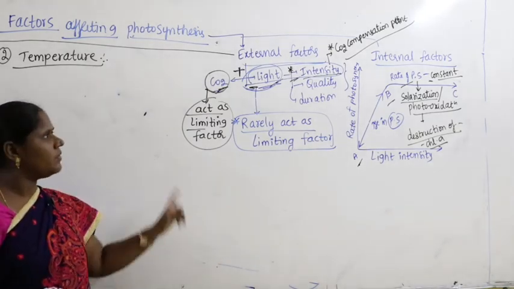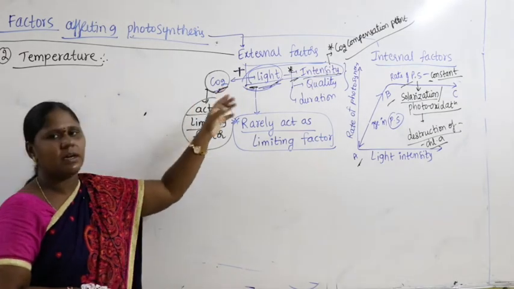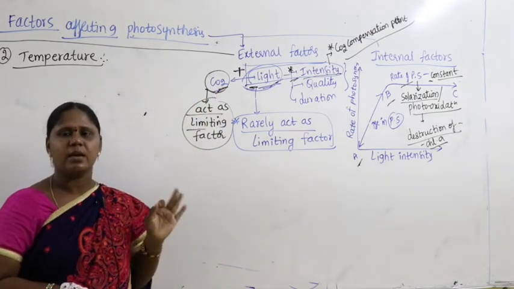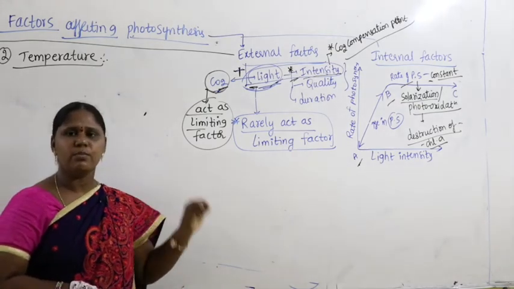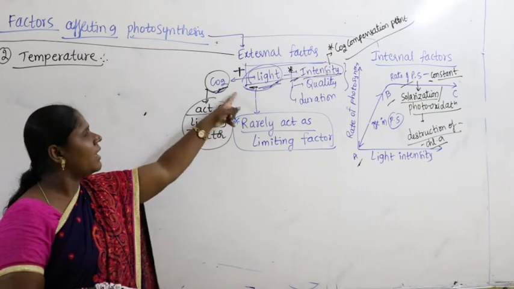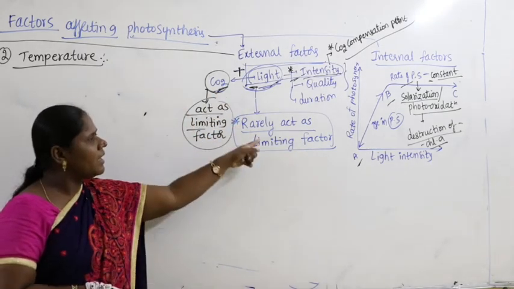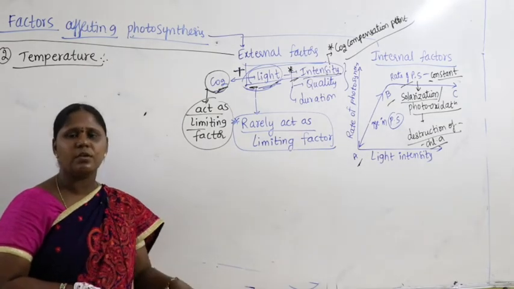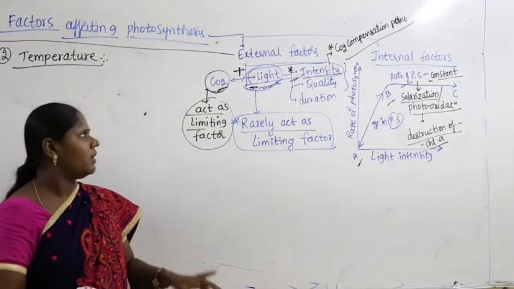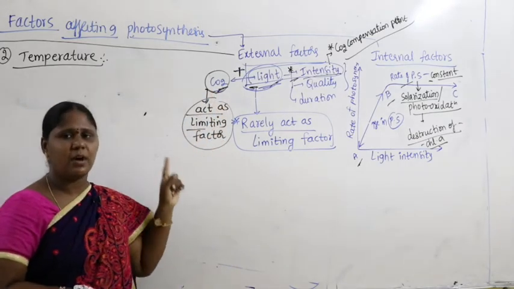Try to remember that light and carbon dioxide both play a very important role in photosynthesis, but light rarely acts as a limiting factor, while most commonly carbon dioxide does.